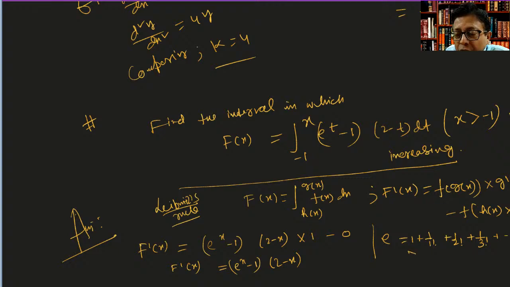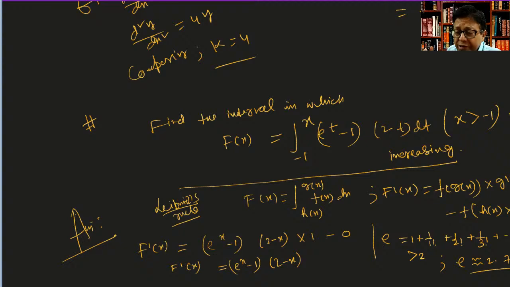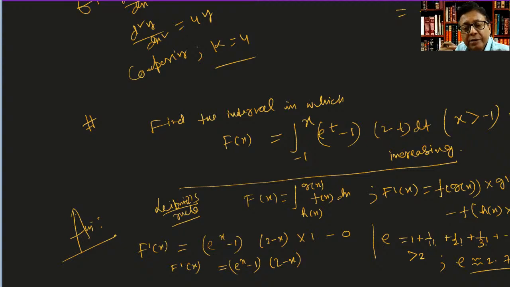So this is always greater than 2. And by approximation, e is approximately equal to 2.74. Any square root, cube root, whatever you take here, that will be greater than 1. Okay?